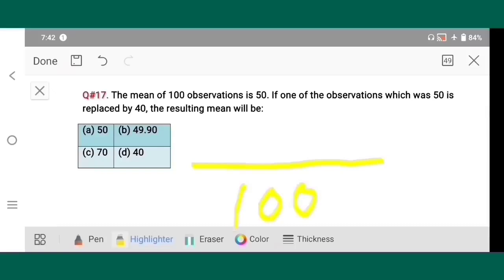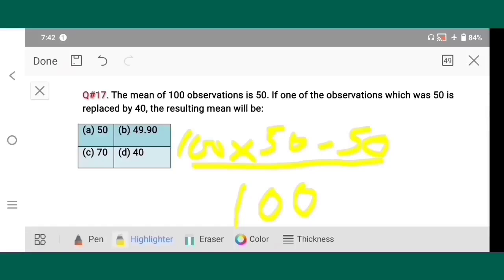So we have 100 observations. So write it down in the denominator, and in the numerator we use the sum. So just multiply 100 with 50 and subtract 50. Why?